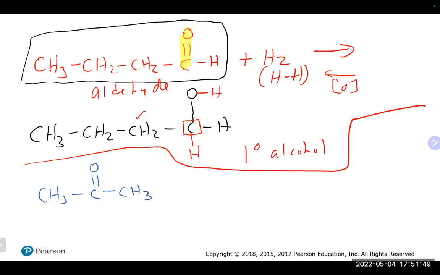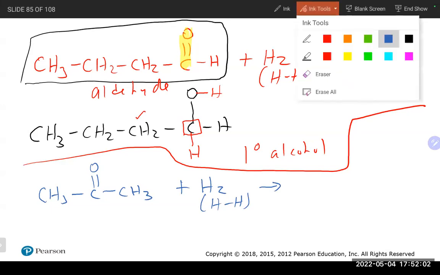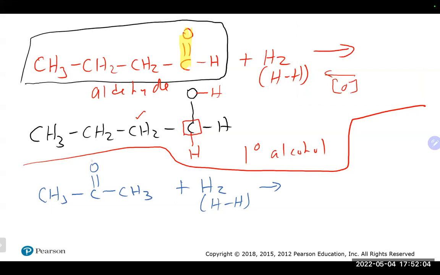All right, so if we do this ketone and we do the reduction reaction, which once again is adding H2. Same thing, all the activity in aldehydes and ketones pretty much revolves around this guy right here, where the carbon and oxygen is located. That is pretty much where everything happens.